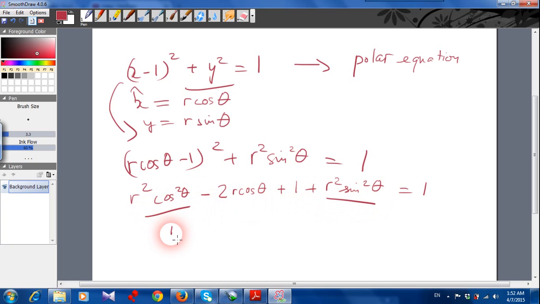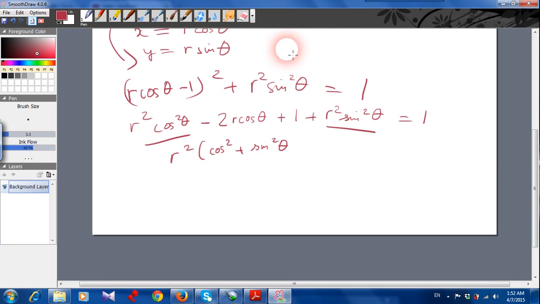This one, cos² plus sin², and it will be 1 here, right?